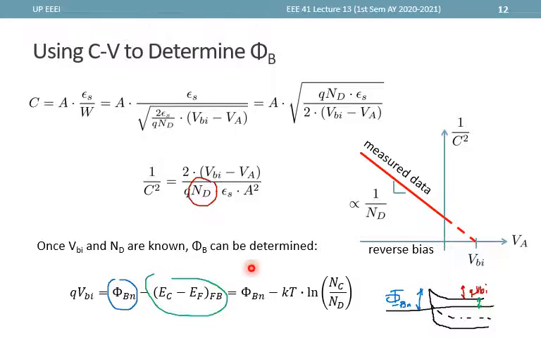So here we copy Phi Bn, but EC minus EF is kT ln NC over ND. Note that we are not using ND over Ni, since we are not concerned with EF minus EI. However, we can use an alternate expression for this one to be EG over 2 minus kT ln ND over Ni.